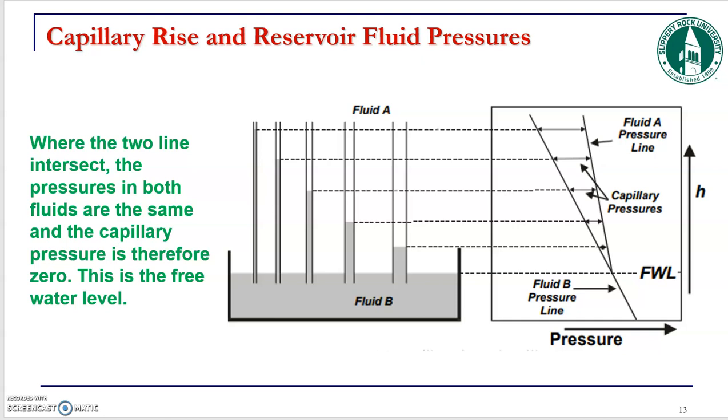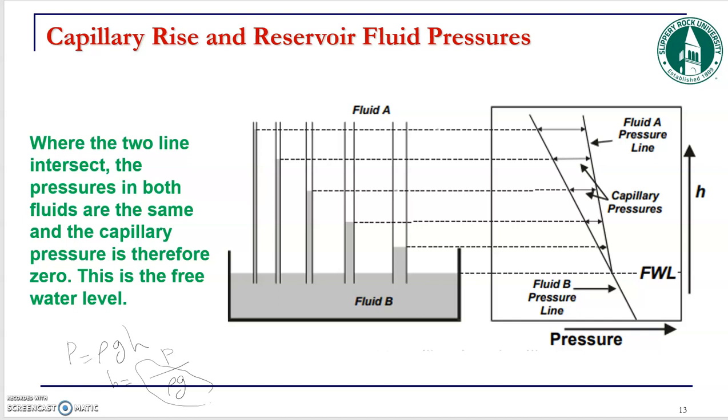If you plot the pressure as a function of height for each phase, remember pressure can be calculated by rho g h. So pressure versus height is a line, and in this case h is equal to pressure over rho g, so it's a linear line with the slope 1 over rho g.